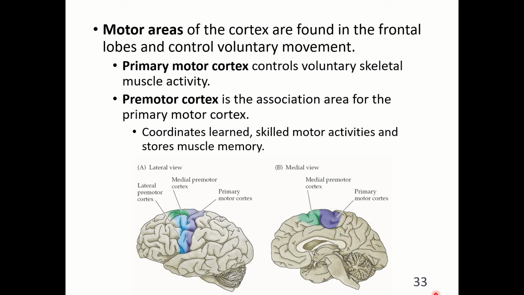So there are many association areas within the cerebrum, and they're all involved in storing memories, so that when the primary cortex, which is the area that actually receives sensory input or sends out motor output, acts, it can be facilitated by the memories, and the information processing can occur much quicker. It's also called learning, right? It can coordinate learned, skilled motor activities and stores muscle memory.